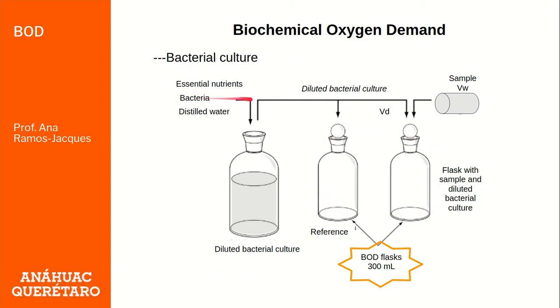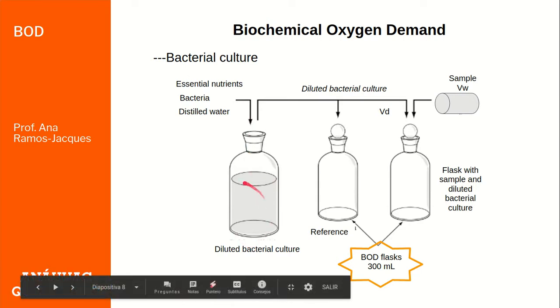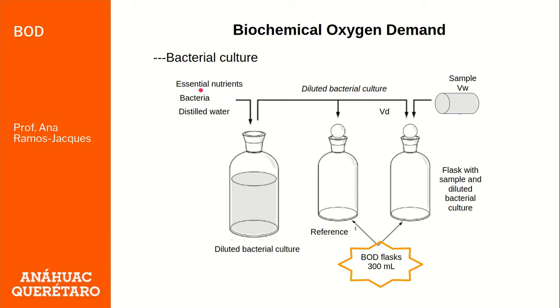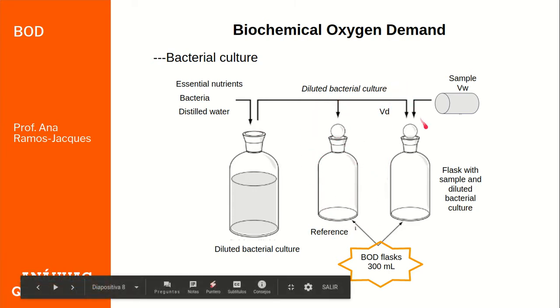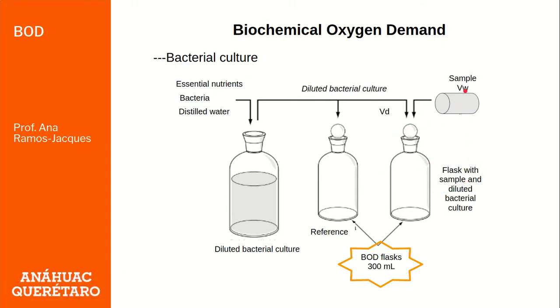This first bottle is a diluted bacterial culture, with the bacteria in distilled water and the essential nutrients. From this culture we separate into 2 bottles; one is the reference and the other is mixed with the sample of wastewater.